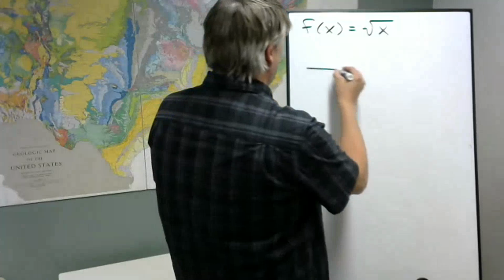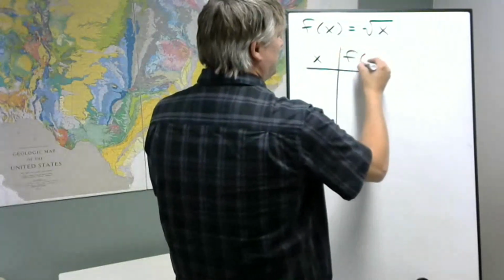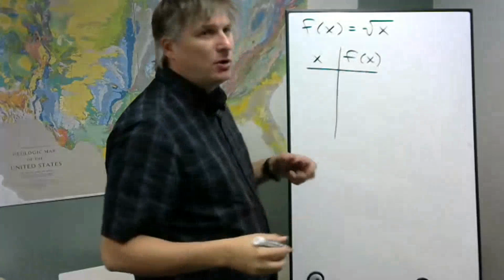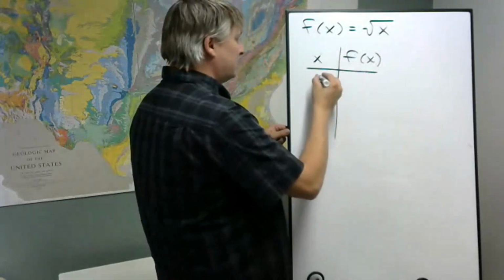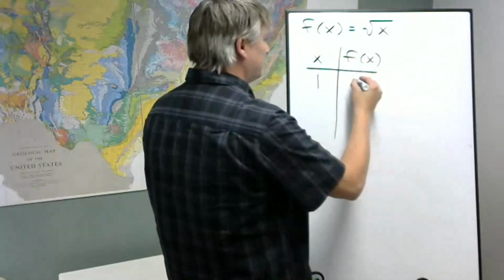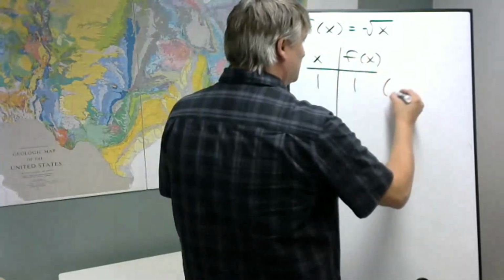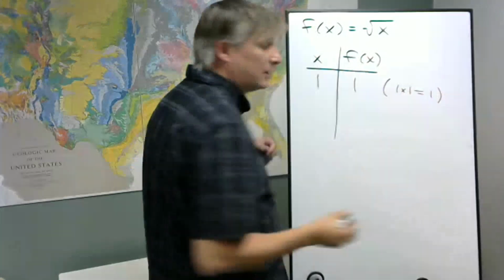So for example, we know that 1 times 1 gives you 1. So the square root of 1 is going to be 1. And the reason is that 1 times 1 equals 1.